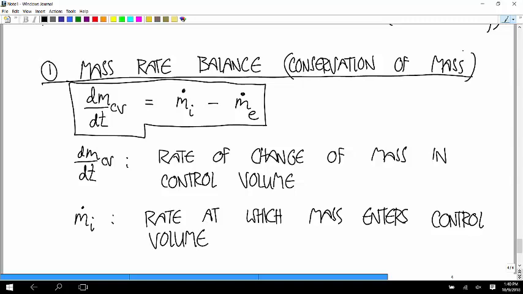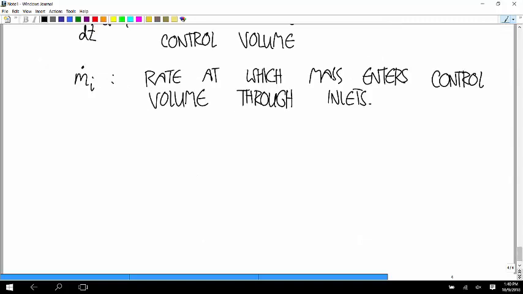So the subscript i is for inlet. And m_e dot is the rate at which mass leaves the control volume through the exits.